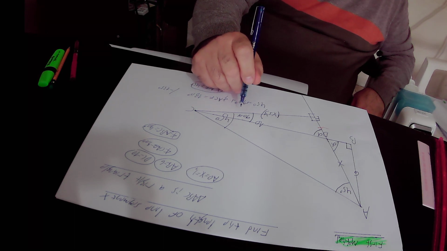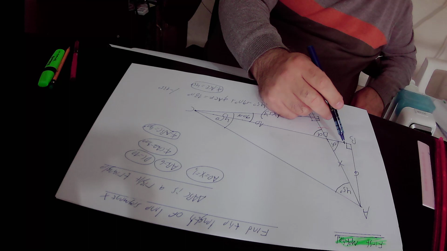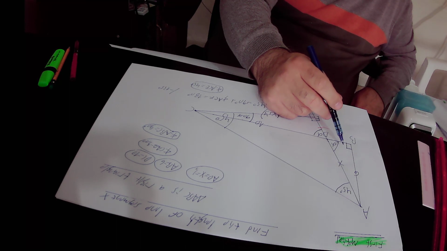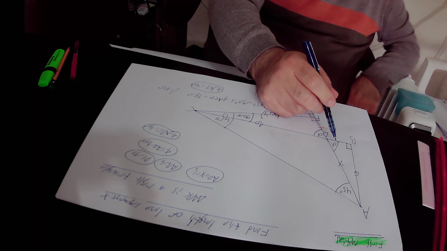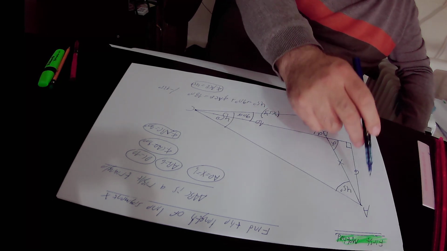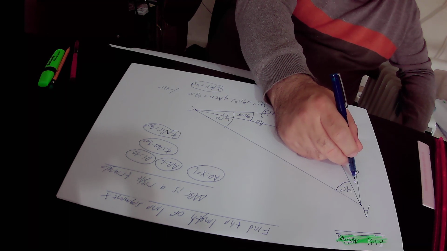Likewise, triangle ABD is a right triangle, and angle BDA equals alpha. Therefore angle BAD must be equal to 90 degrees minus alpha.